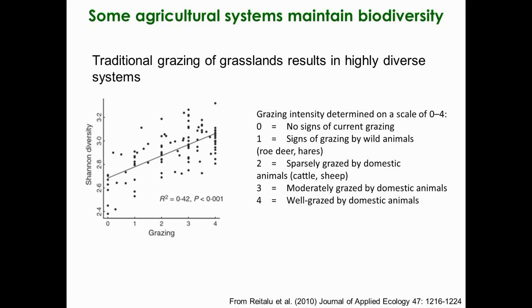Here they're quantifying the diversity of plant species in these grasslands compared to areas where there's some signs of natural grazing by wild animals, or sites with moderate to well grazing by domestic animals. And what you're seeing is a significant increase in the diversity of those plant species with moderate levels of grazing.